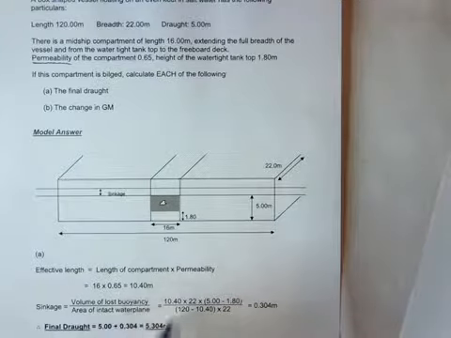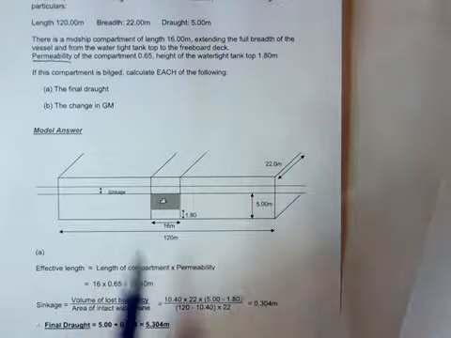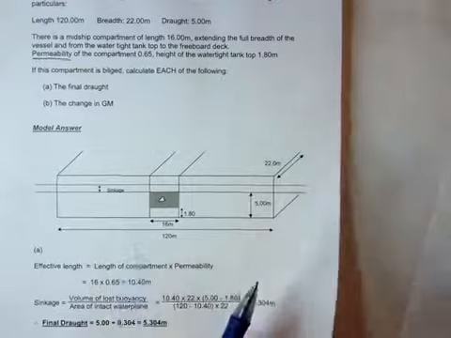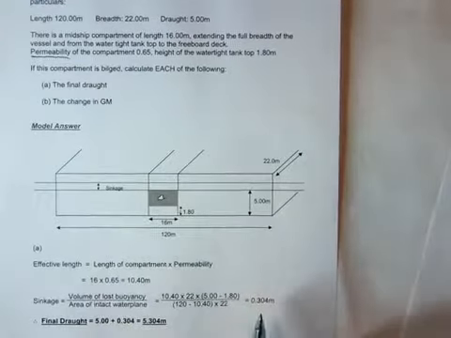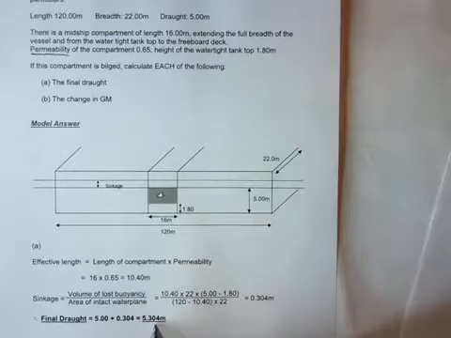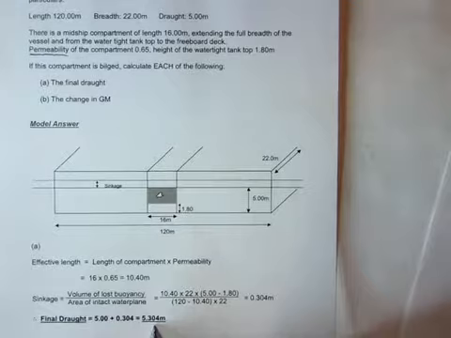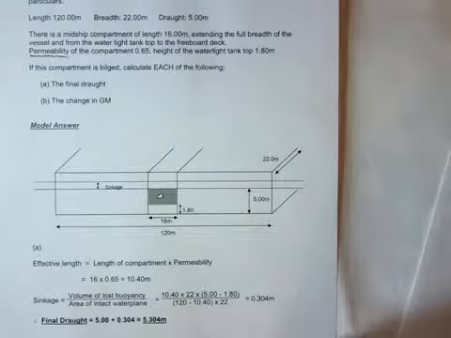And the area of intact water plane, do not forget as well, it's 120 minus 10.4, not 120 minus 16, because of the permeability, times 22, which gives you the area. That gives 0.304, so our final draft is 5 plus 0.304, 5.304. So sinkage is lost buoyancy over intact water plane.